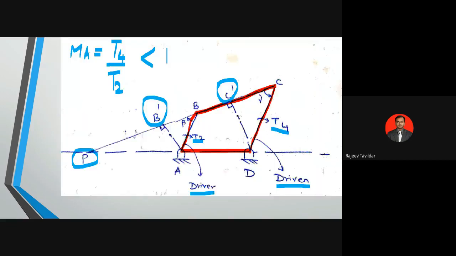That means since it is always less than 1, in terms of percentage, the mechanical advantage will be say somewhere around 80%, 90%, 70%, and so on. It can never be more than 100, nor can it be equal to 100. Mechanical advantage is always less than 1. So in terms of percentage, you will have to multiply this entire thing by 100. So you'll get it in terms of percentage.